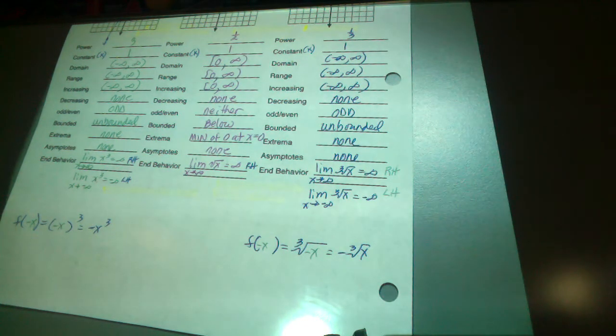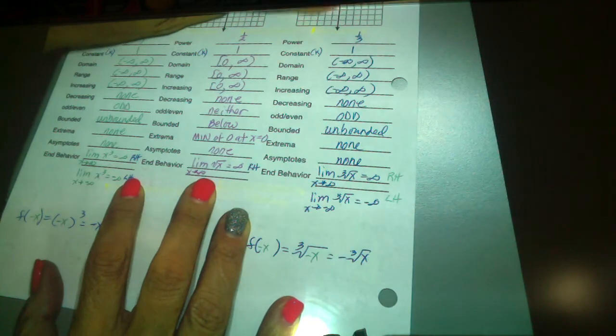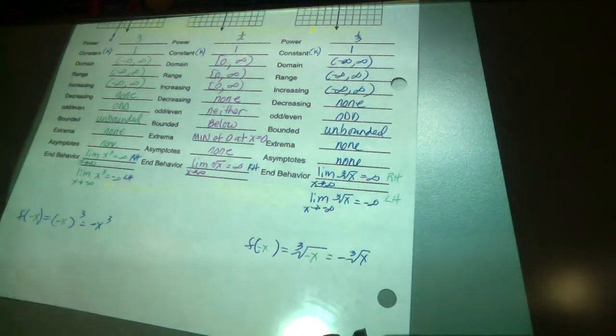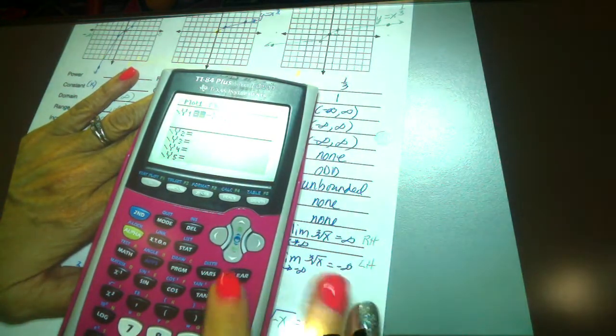Yes. The extrema would occur if I had a definite hump, like a mountain or valley in here. So let's take this and let's change it, give it some sort of stretch to it.